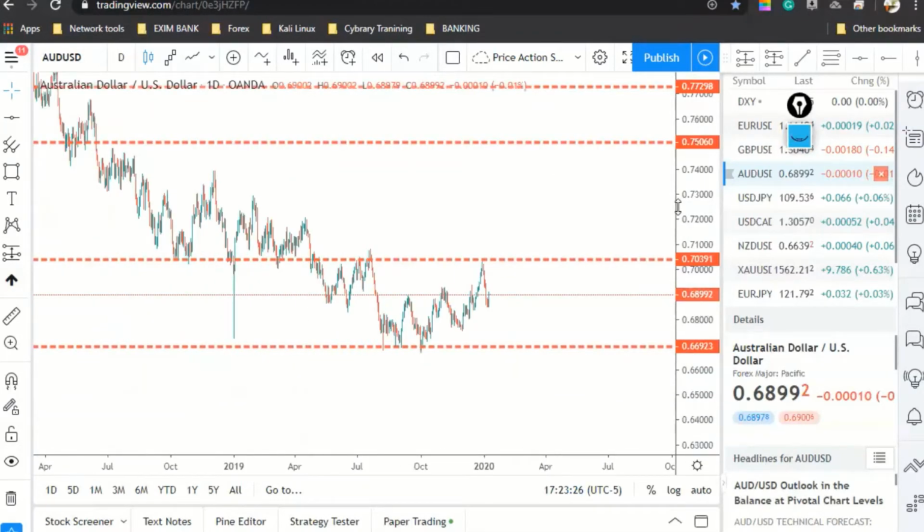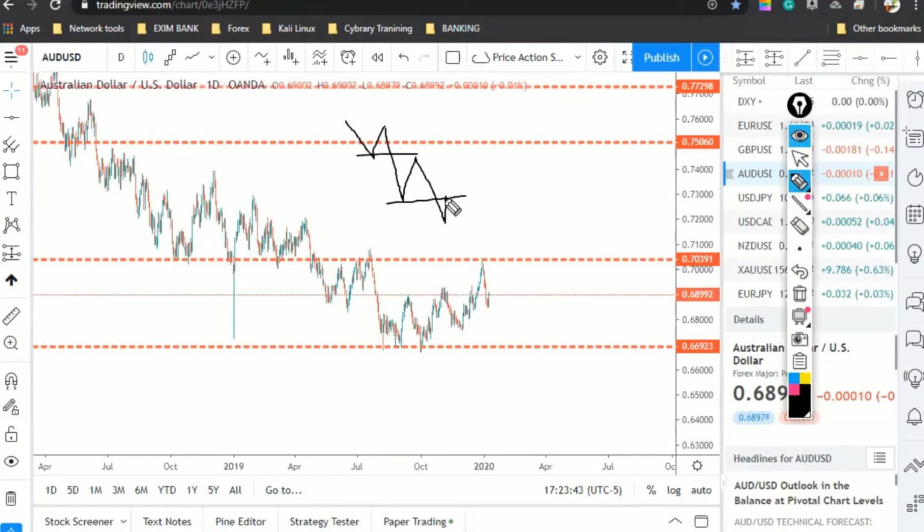I say that this market is still in a downtrend. The definition of a downtrend is the market making lower lows, lower highs, right? Continuing to go down.